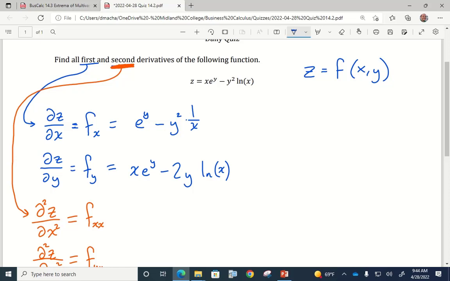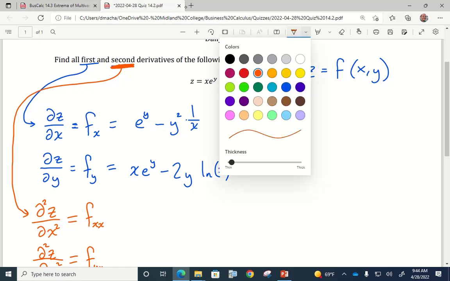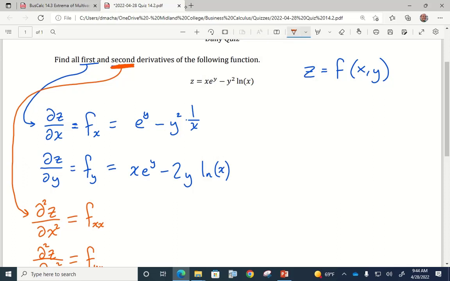Okay, so for the second derivative with respect to x, we're going to start with the derivative with respect to x, and then take another derivative with respect to x. That means pretending that y is a constant, so this constant term e to the y just goes away.